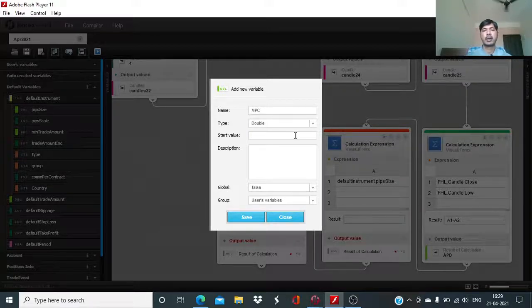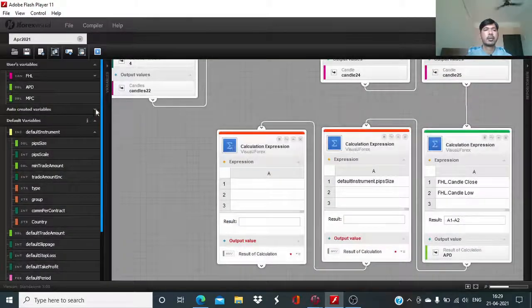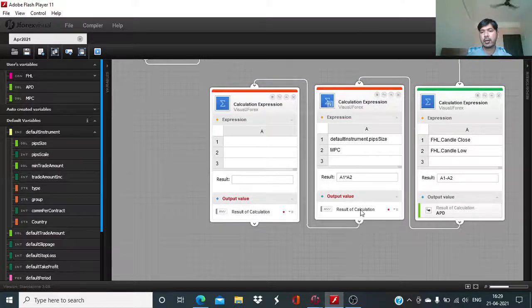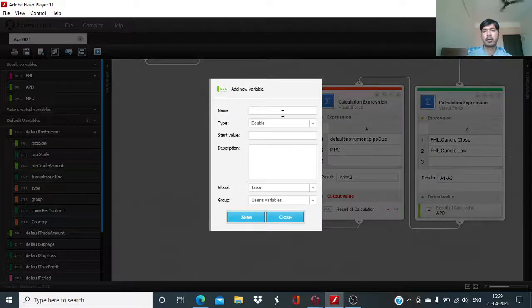I will assign it the value of 20, and this result will be A1 into A2, minimum pips.